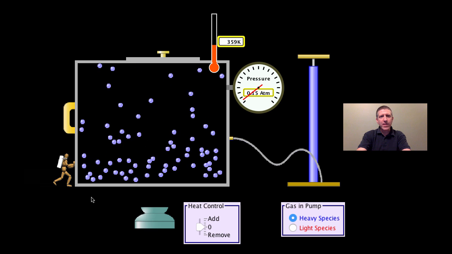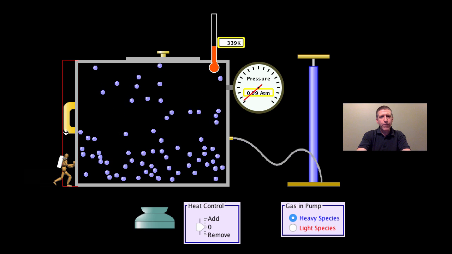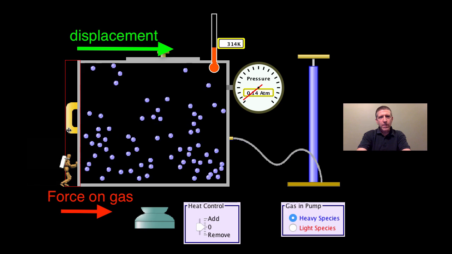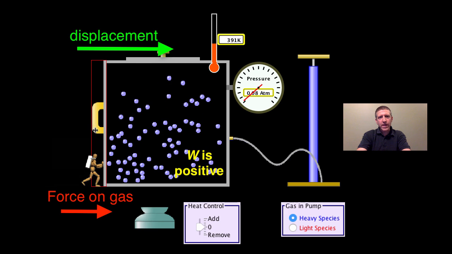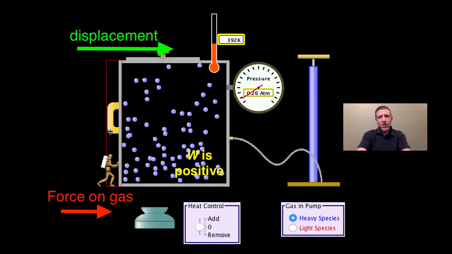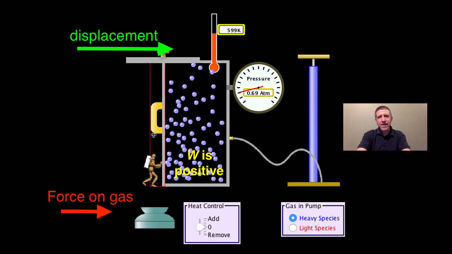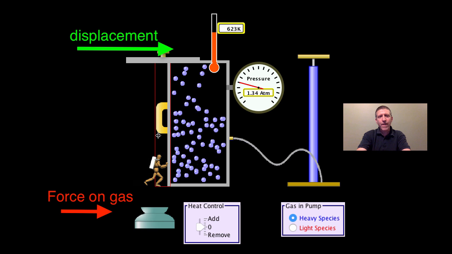What I'm going to do is some mechanical work on this gas, by exerting a force and a displacement in the same direction. Pushing it that way, that little space guy is doing some work on this. Look what is happening to the temperature of the gas and the internal energy of the gas. You may see that those objects are now moving faster.